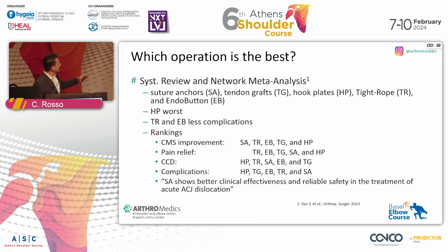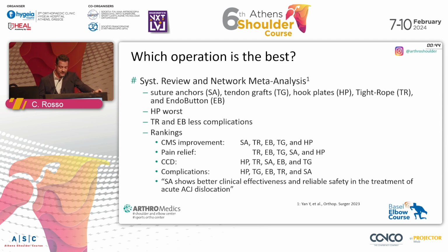However, Constant-Murley score, so the suture anchors, better than the tightrope, better than endobutton. For pain relief, tightrope and endobutton are the leaders. And then for the CC distance, the hook plate was better, and the tightrope. And for complications, we have more complications in the hook plate, we know that.